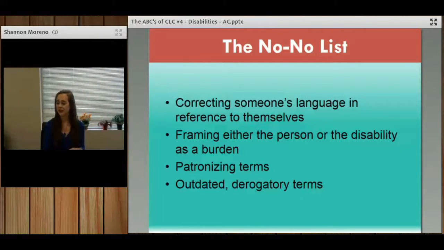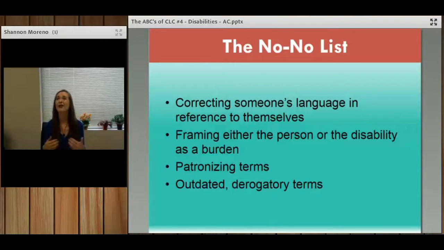Another thing that we want to try to avoid is patronizing terms. This is, again, getting back to the mindset of inspiration porn that we were talking about a little bit ago, that we shouldn't have low expectations of folks living with disabilities and talk to and about individuals as if they're children, okay?